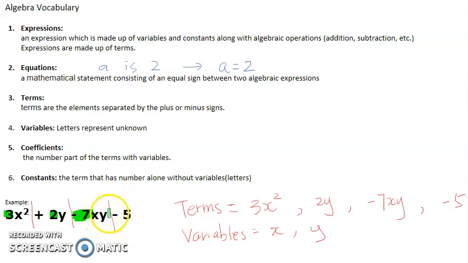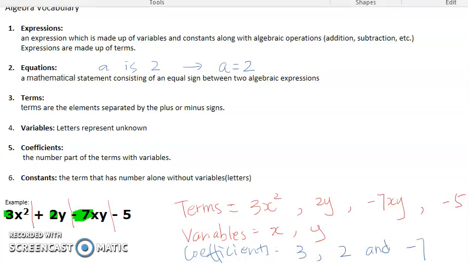However, the last number here, negative 5, doesn't have any variables attached, so we cannot call it a coefficient. So the coefficients for this example are 3, 2, and negative 7.